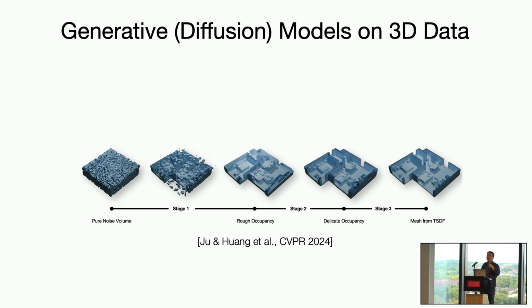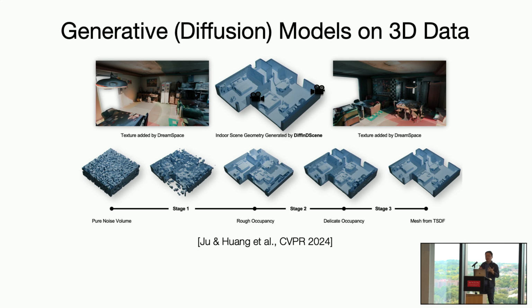We start from noisy voxels and gradually remove the noises until in the end we have a nice 3D scene, for example the geometry of an apartment or a house. On top of that, a designer can choose to texturize it and add some appearance. For this couch, it should look brown. For the ground floor, we can choose to use wood, something like that.